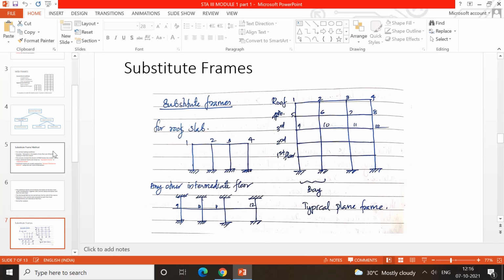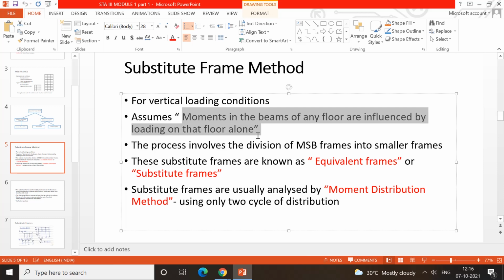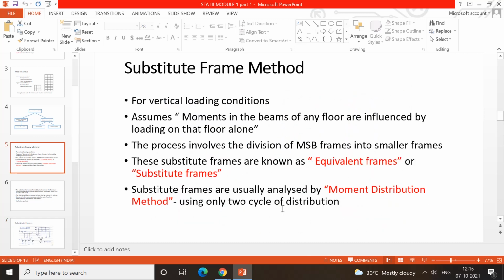Okay, and the moments in the beam at a particular floor are influenced by the loading at that floor alone. We can consider the loading on that floor alone. Okay, it can be dead load or live load. And you can analyze the substitute frame using the moment distribution method or by using 2 cycles of distribution.